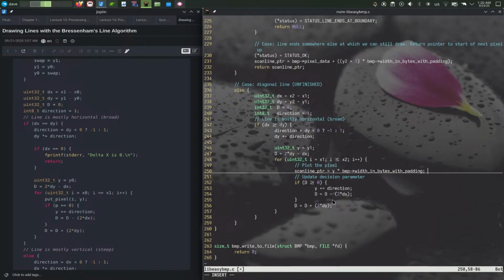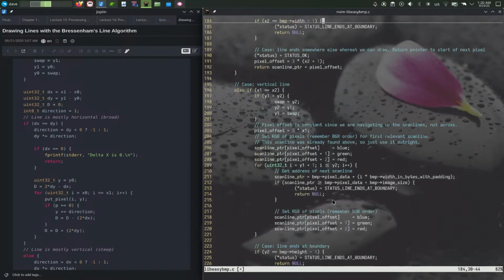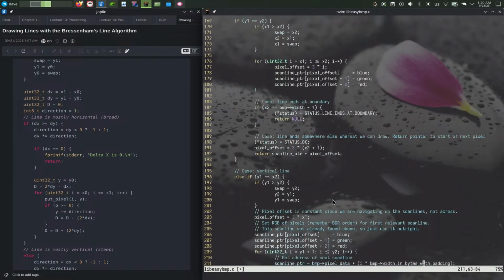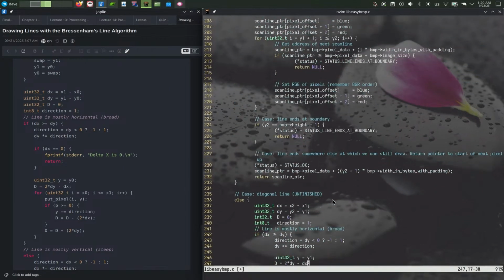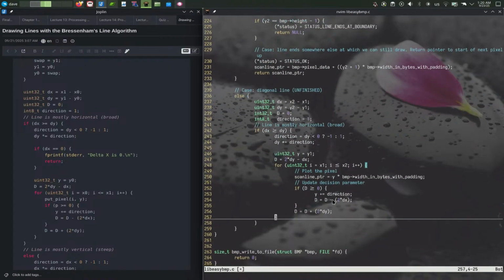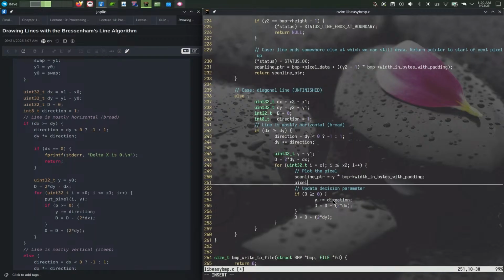And we want to write data plus the offset, right? Now, I think the offset is already also a variable that's defined for all of these cases to use, right? Yeah, pixel offset. So here then the pixel offset is going to be 3 times i, right?